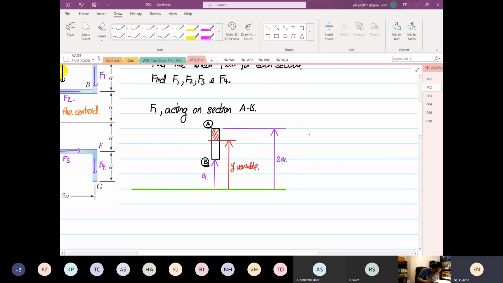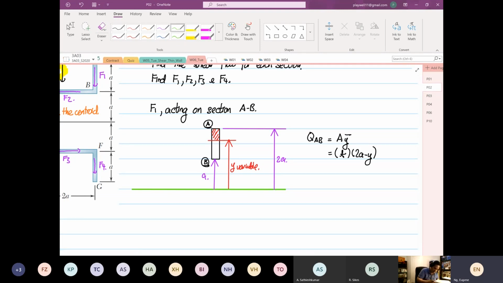QAB is equal to A Y bar. The area: the width is t, and the depth is 2a minus y. Why 2a minus y?